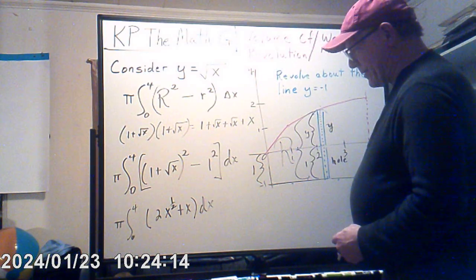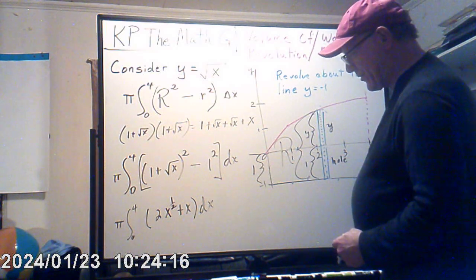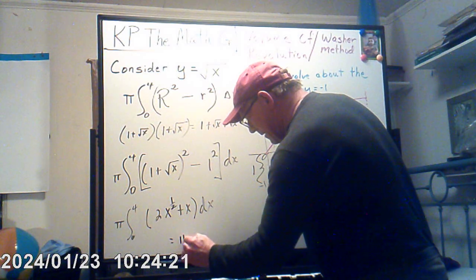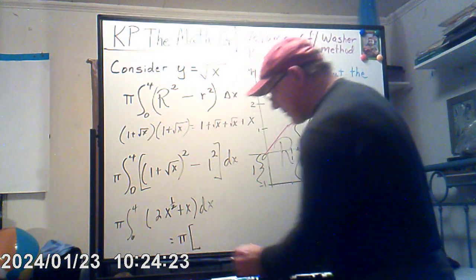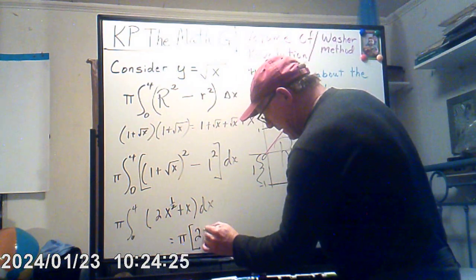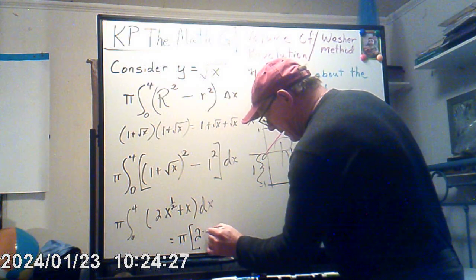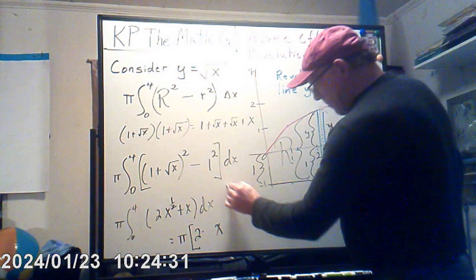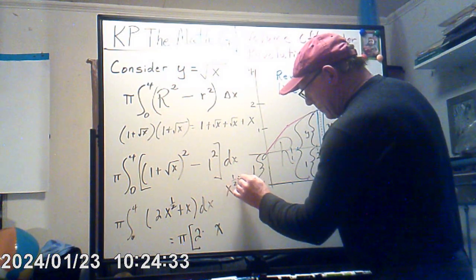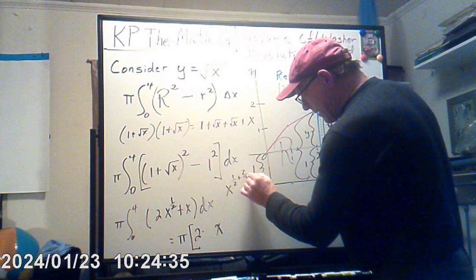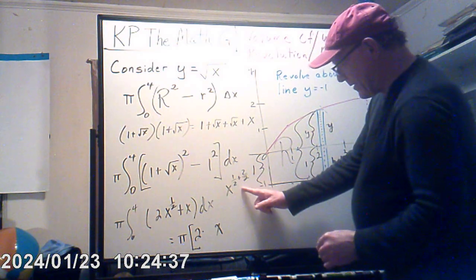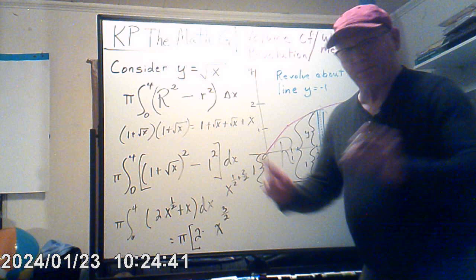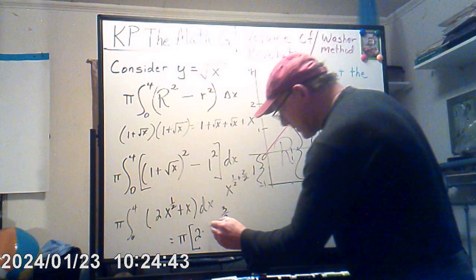Alright, so we got to integrate now, so this is equal to pi times 2x to the, now remember 1/2 plus 2/2, gotta add 1 to that, that's x to the 3/2, and remember we flipped that over to be 2/3.